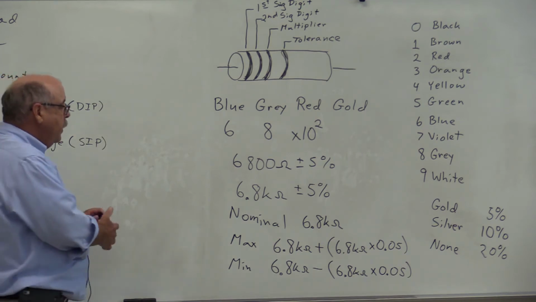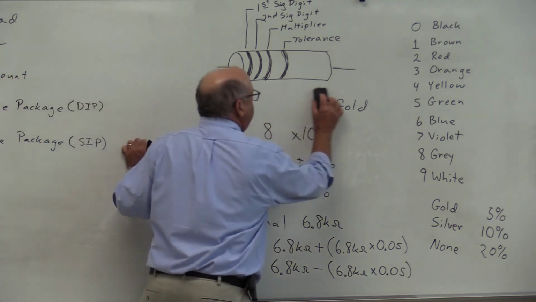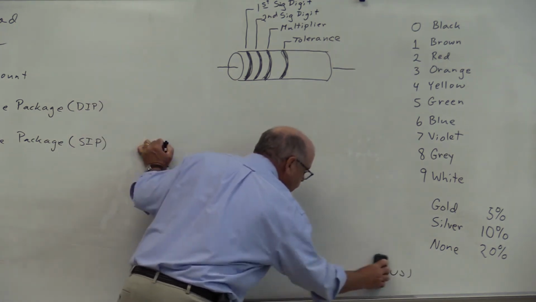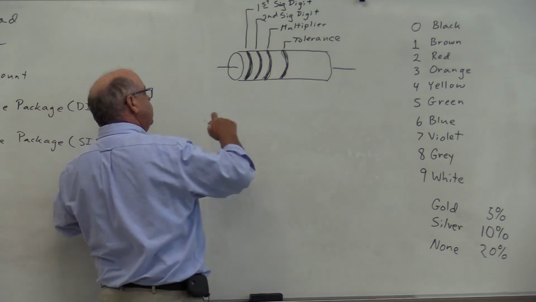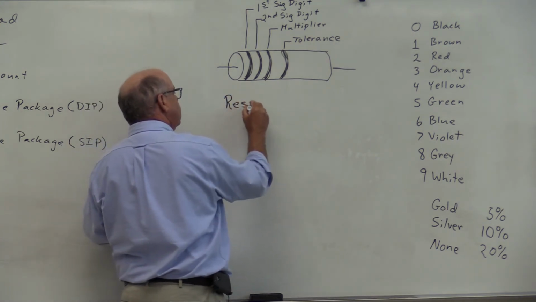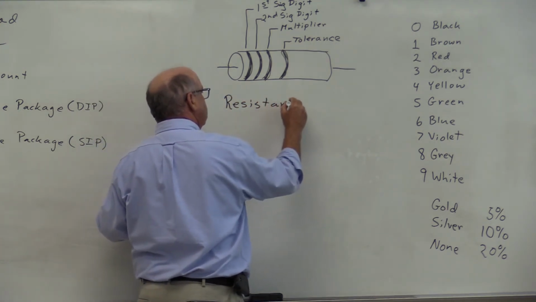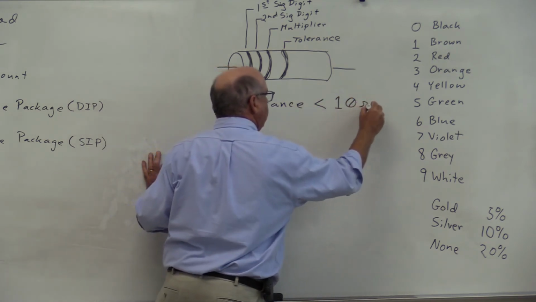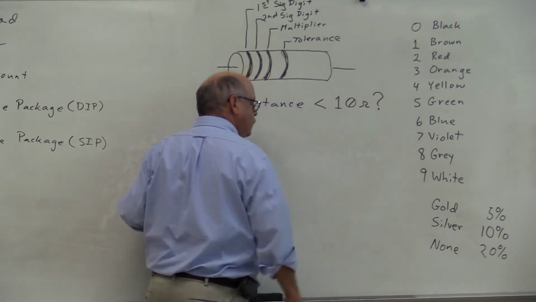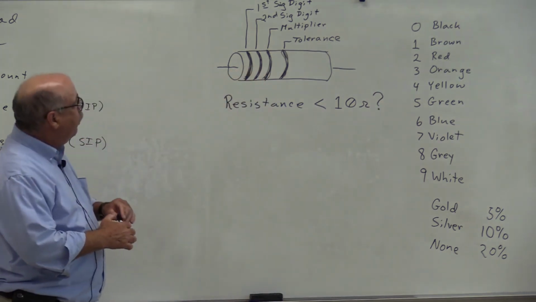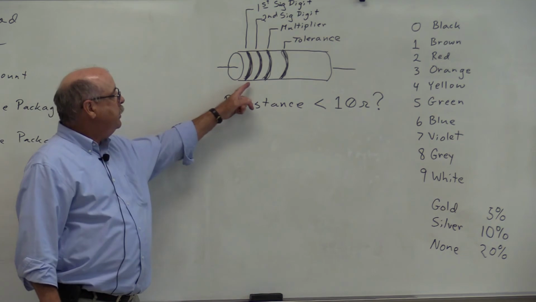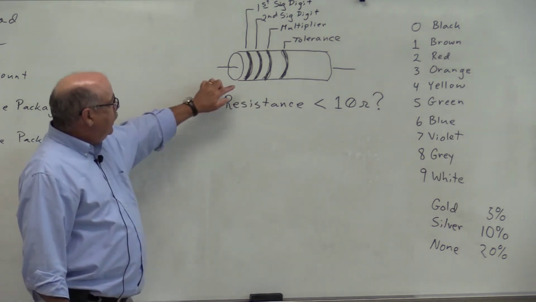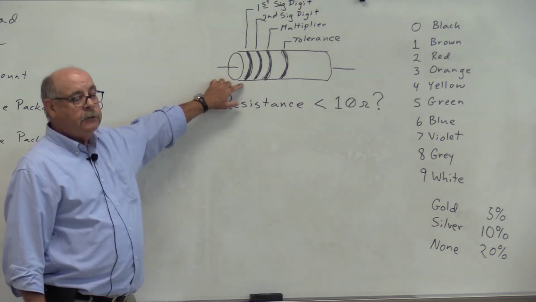Now, what do we do in the case where we have a resistance that's less than 10 ohms? Because we're required to have two significant digits and a multiplier, and black can never be the first significant digit.